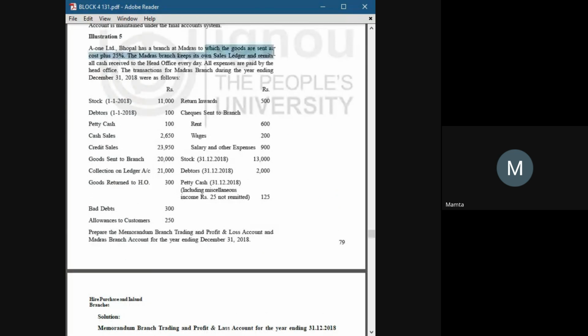See, here it is written the goods are sent at cost plus 25%. Means if the goods cost 100, then we have sent it for 125. This is 25% of 100. So we have sent it for 125, and this shows 125%.